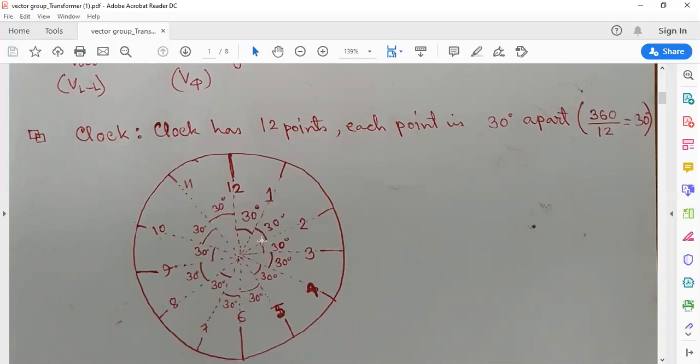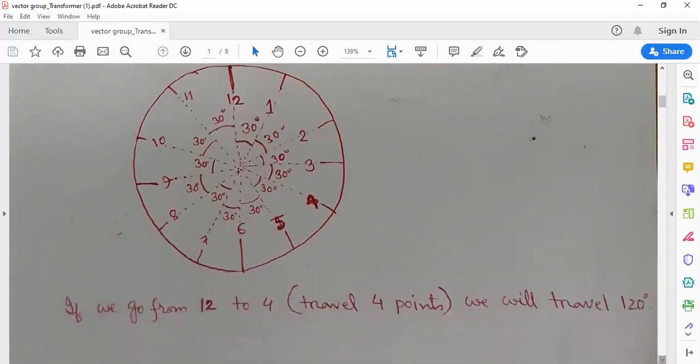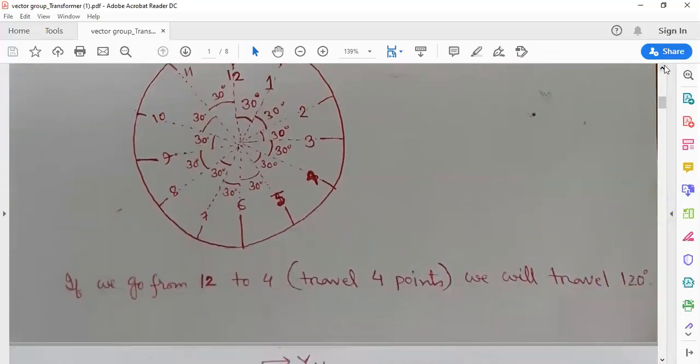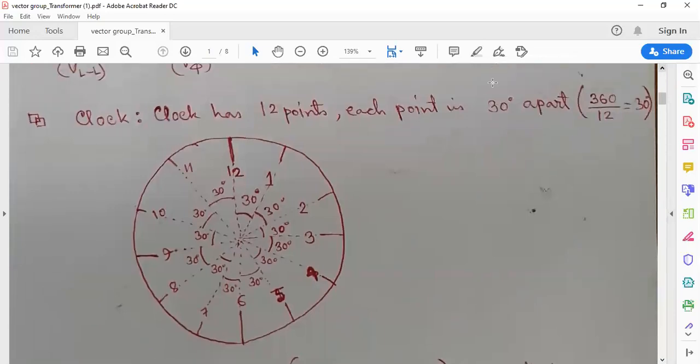From 2 to 3, there is a 30-degree difference. If we want to travel 120 degrees from 12, we have to go 4 hours, like 1, 2, 3, 4. Total 30 plus 30, 60. 60 plus 30, 90. 90 plus 30, 120 degrees. So if we travel from 12 to 4, we travel 120 degrees. If we travel from 5 to 9, we also travel 120 degrees.